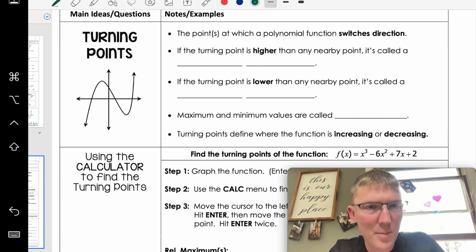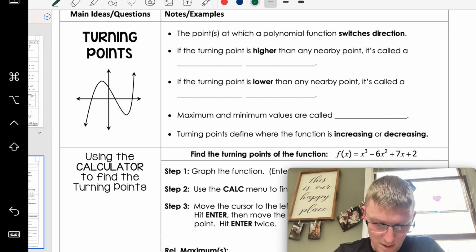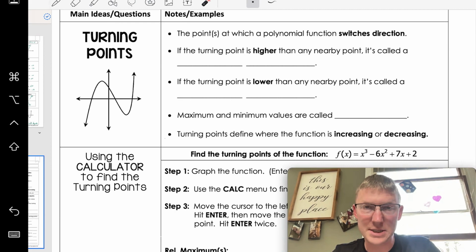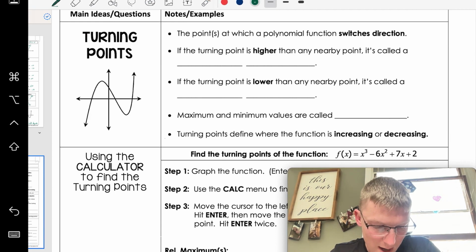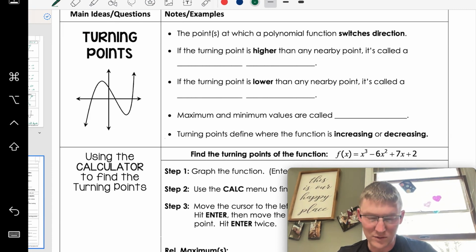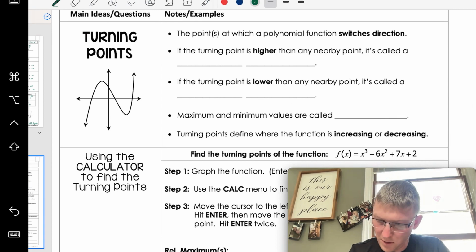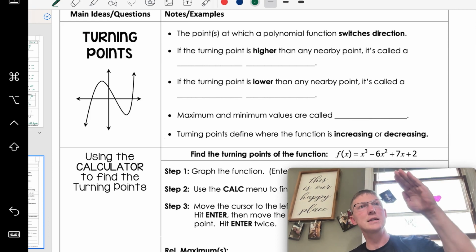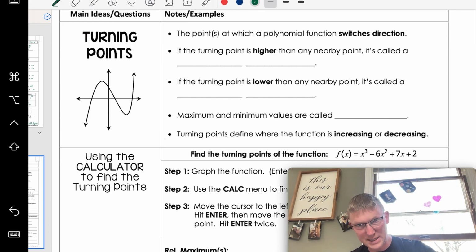Some of the next vocabulary we need to talk about is turning points. Turning points is a phrase we use a lot when describing graphs, like how many turning points a certain graph has. The turning point is where the graph turns, the points at which the polynomial function switches directions, going from increasing to decreasing or from decreasing to increasing.